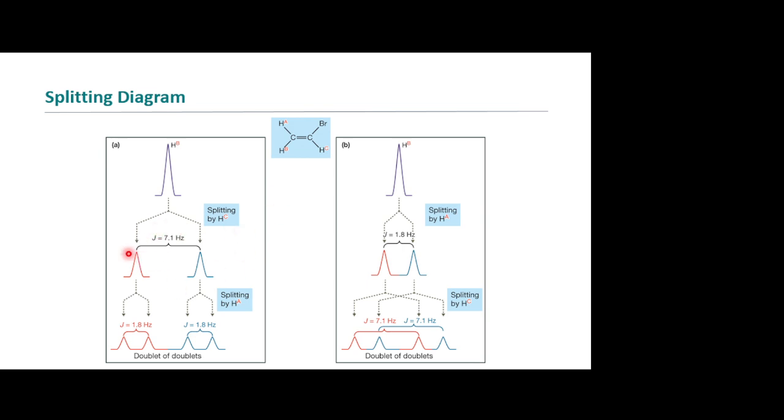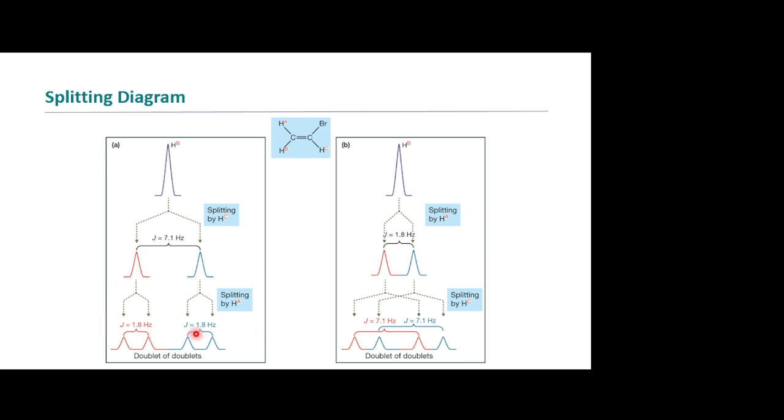And so that would give us our 7.1 right here. And that's being split by this HC over here. And then we'd get the split from the geminal right here. And that would only be a 1.8 hertz split. And so you see that we doubled our doublet on this side, right? So we double the doublet. Okay. Is everybody okay with that?